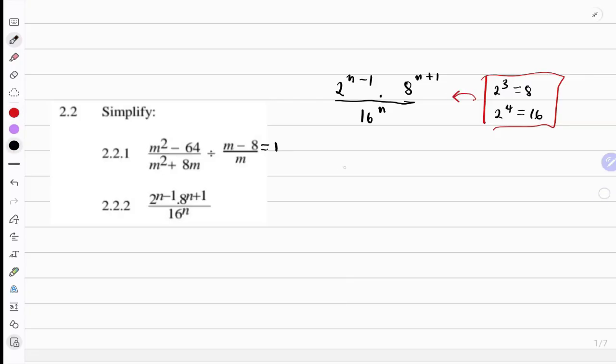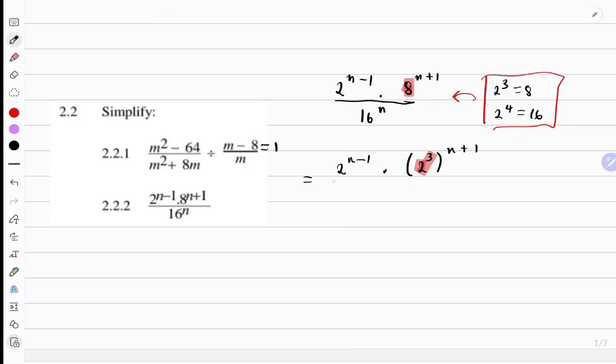So 2 to the power of n minus 1 stays the same, and then 8 can be written as 2 to the power of 3, raised to the power of n plus 1. I've essentially just replaced 8 with 2 to the power of 3.